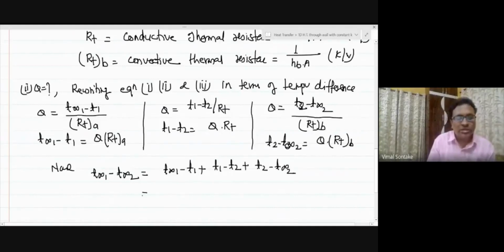So writing this in terms of heat transfer rate and thermal resistances, Q is common in all these expressions, so I can directly write RTA plus RT plus RTB.